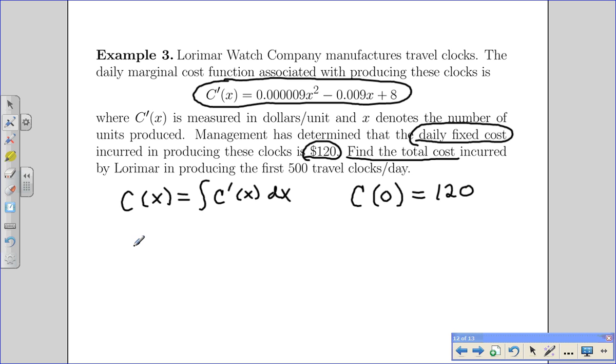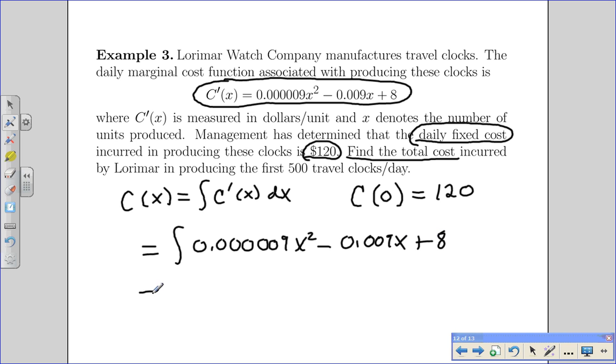So when I integrate this, I'm going to get the integral of 0.0000009 x squared minus 0.009x plus 8. So if you integrate that, you get 0.00009 x cubed divided by 3.